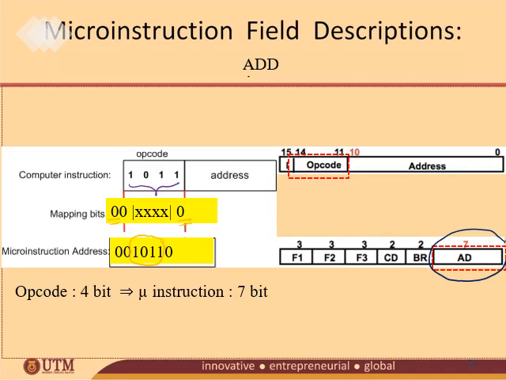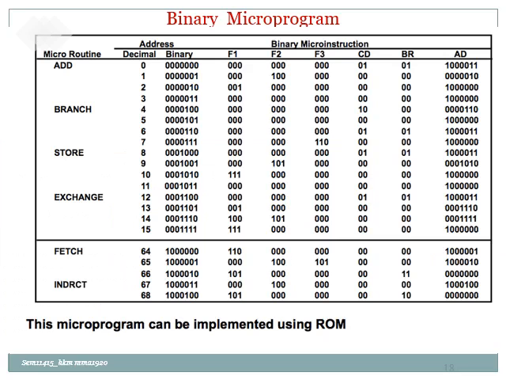This will be our address. If BR is jump, we will jump to this address. Got it? Good. We're going to look at an example of a micro instruction using the vertical format.